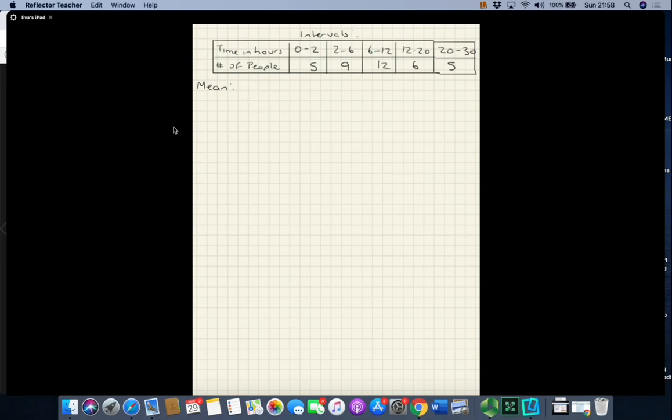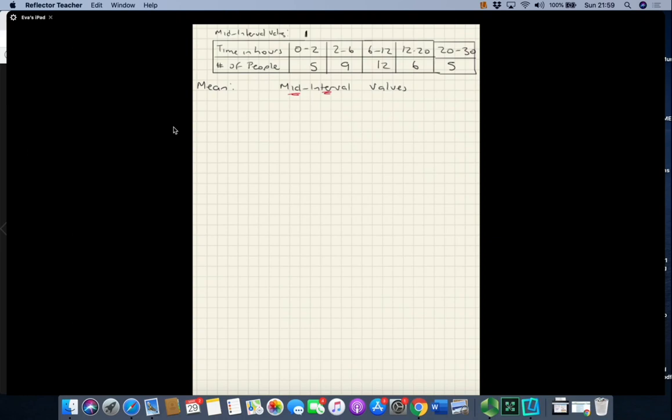Well, we take what's called mid-interval values. That is the value in the middle of the interval. So what value is in the middle of 0 to 2? Well, it's 1. So I'm going to write my mid-interval values up here.